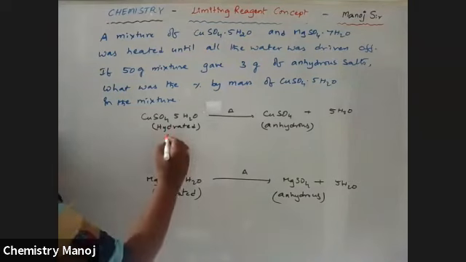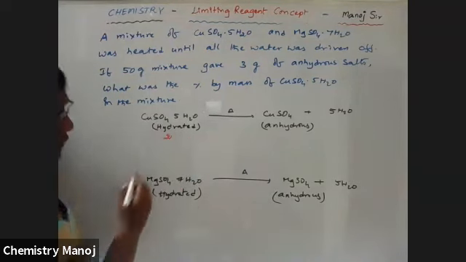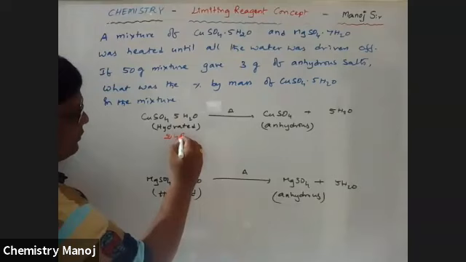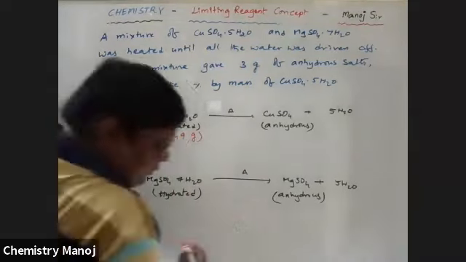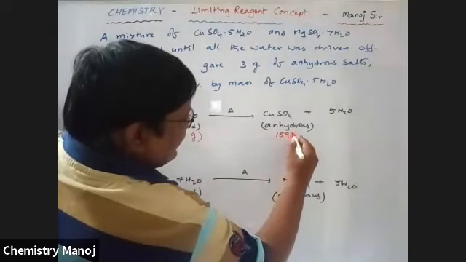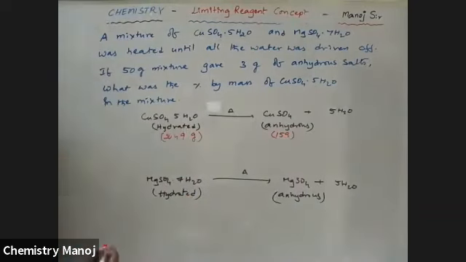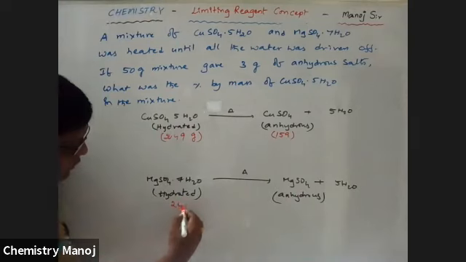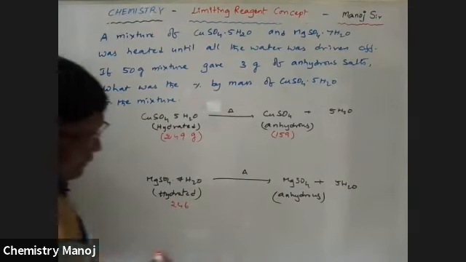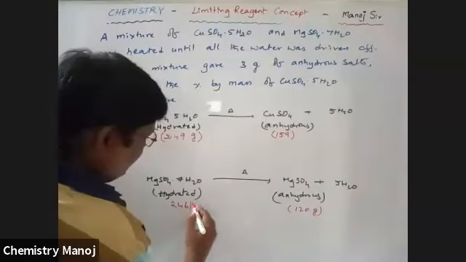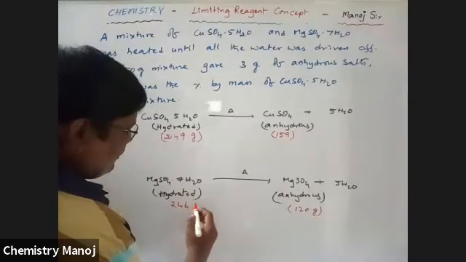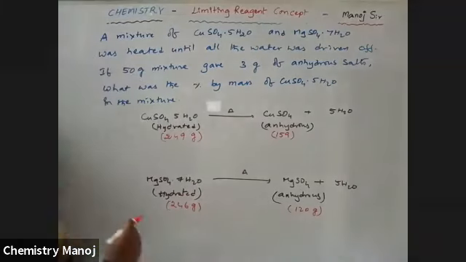The molecular weight of this one is 249 grams, and it contains 159 grams of anhydrous substance. For this one, 246 grams contains 120 grams. So these are the values given to you.